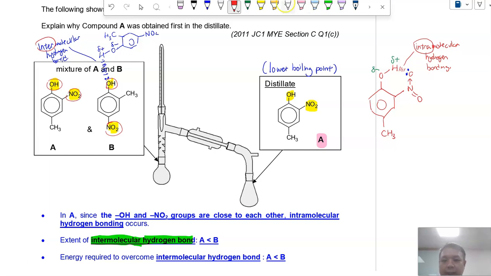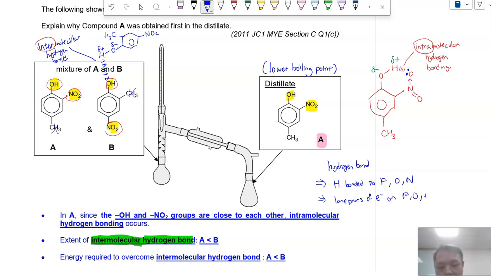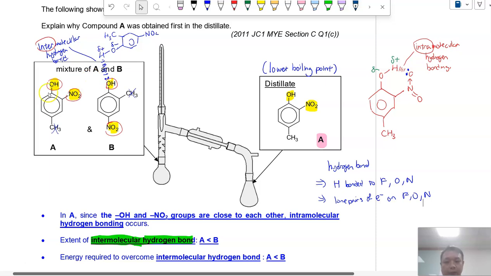You notice that in my analysis, I did not focus on CH3, because although CH3 has H atoms, they are not bonded to F, O, or N. For hydrogen bonding, importantly, we need to focus on H bonded to F, O, and N. Second, we look at lone pairs of electrons on F, O, and N. This is why at the start I only focused on these two groups, because I know there's an H bonded to F, O, or N here, and then there's N and O with lone pairs.